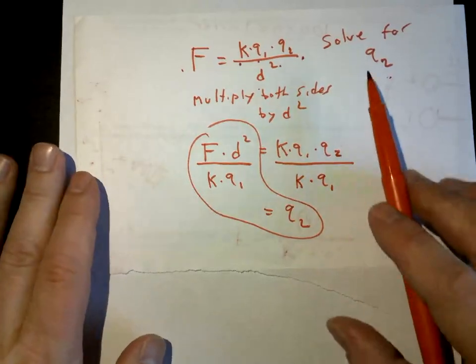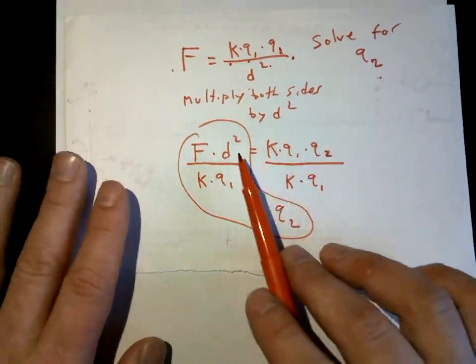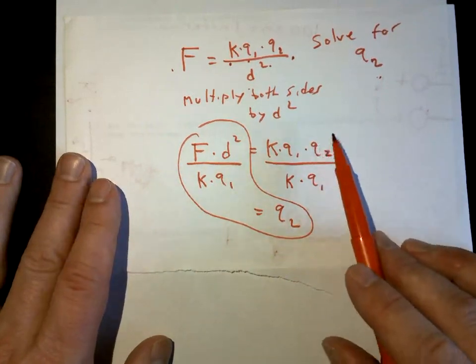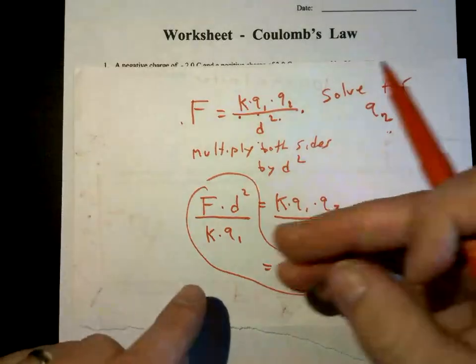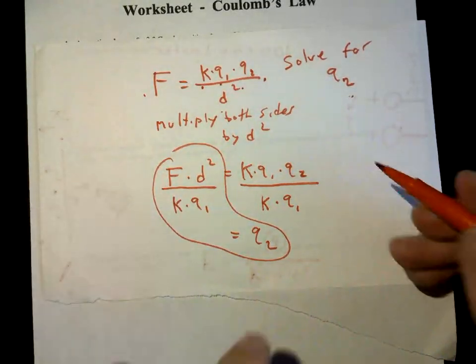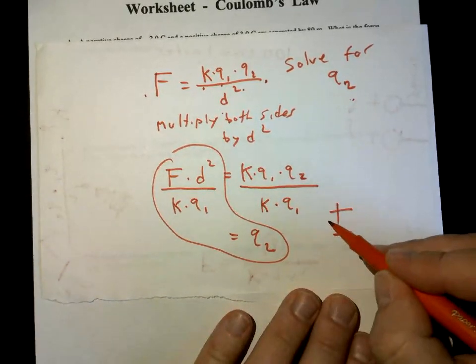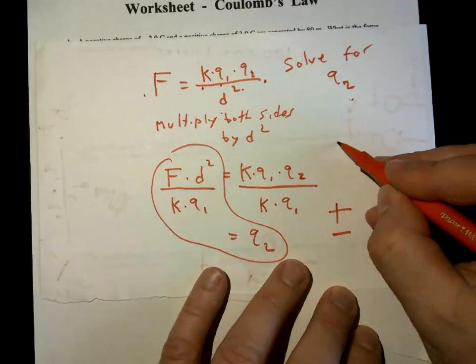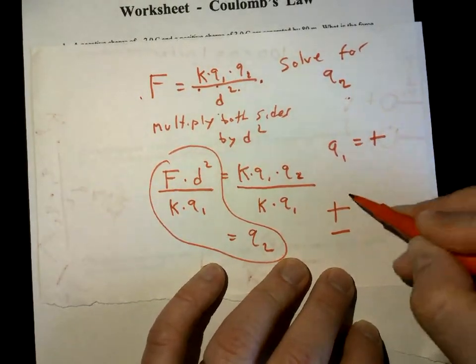On your homework, you may have to show this, because I want you to try to calculate one of the charges, to determine how much charge it has. Let's just say, for example, Q1 was positive.